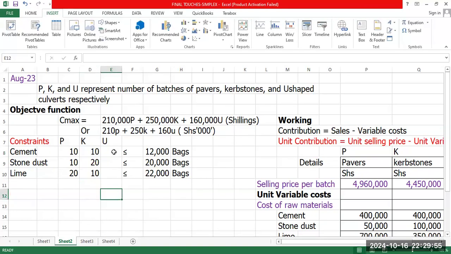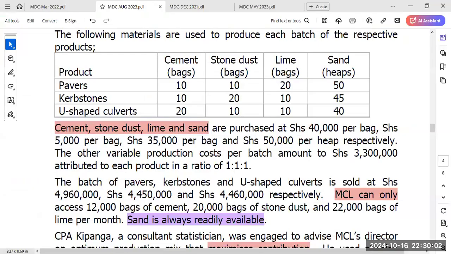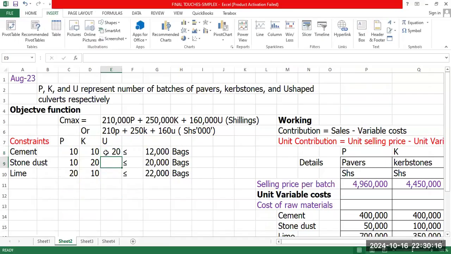Is it? Yes. Lastly, for U-shaped, 10, 20, 10. We are not including sand. Okay, so it is 20, 10, 10.